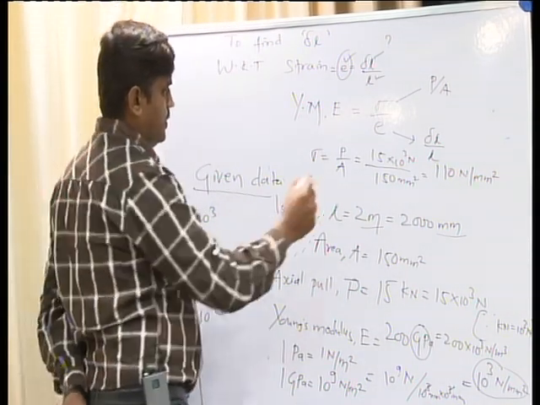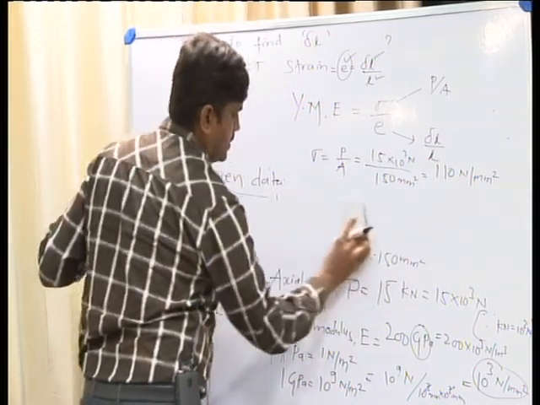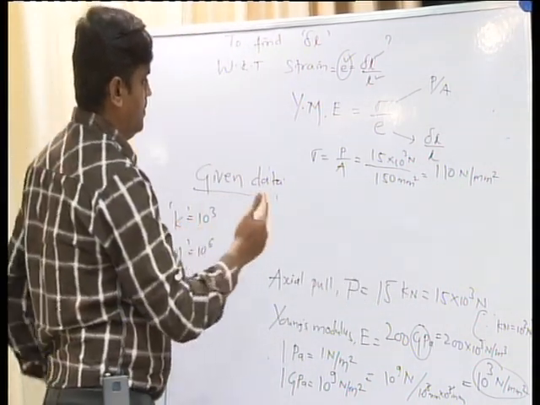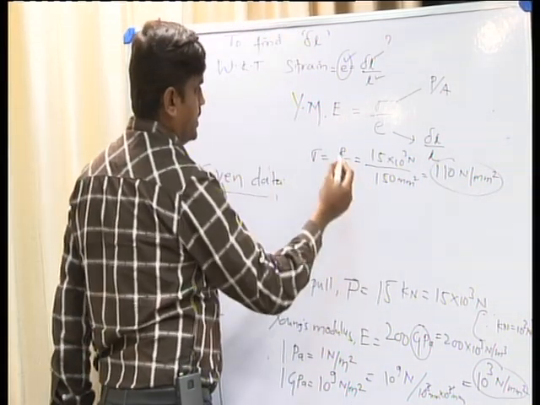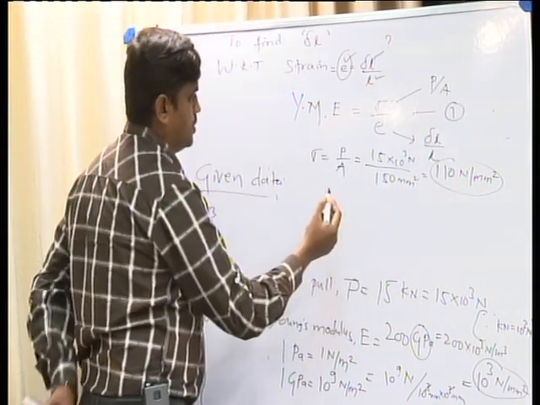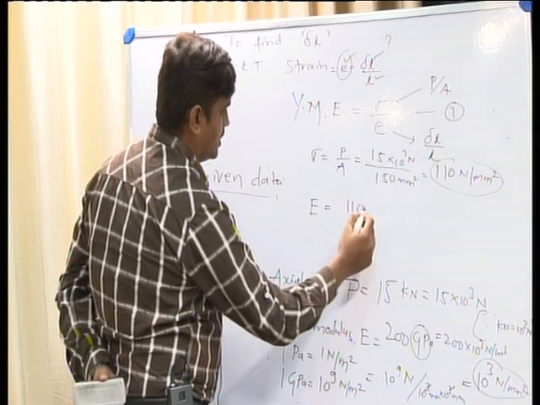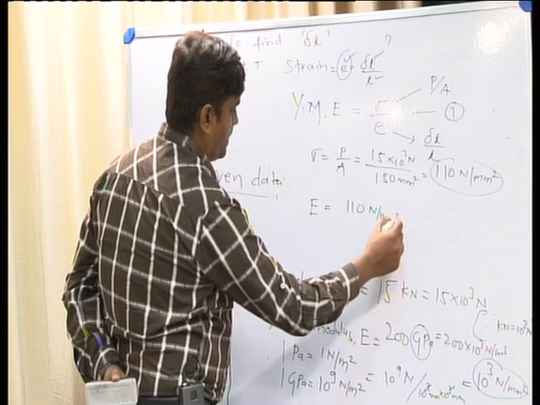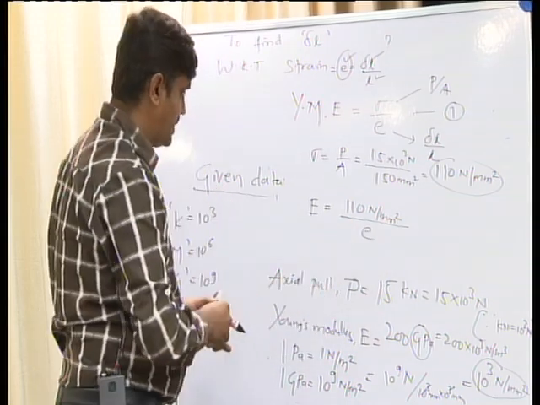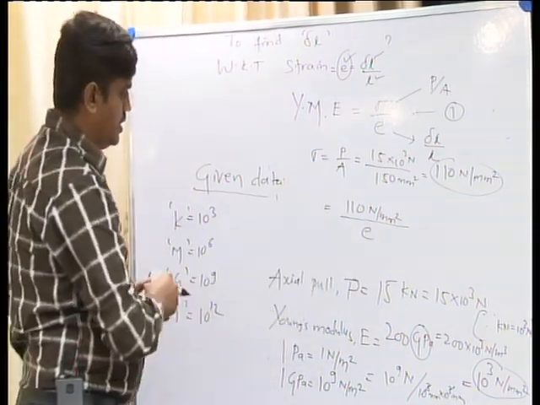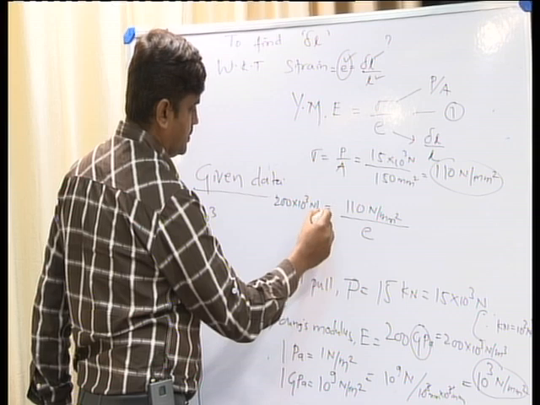Now we know that stress by strain is Young's modulus. Therefore, substituting this value in equation number 1, sigma is 100 Newton per mm square. Small e we don't know, and capital E, that is Young's modulus, is 200 into 10 raised to 3 Newton per mm square.